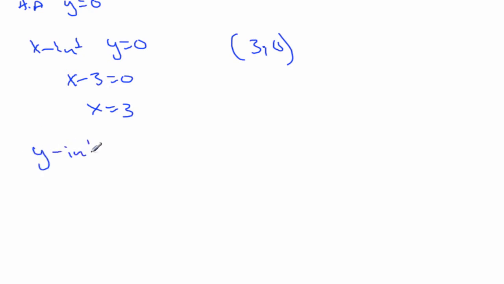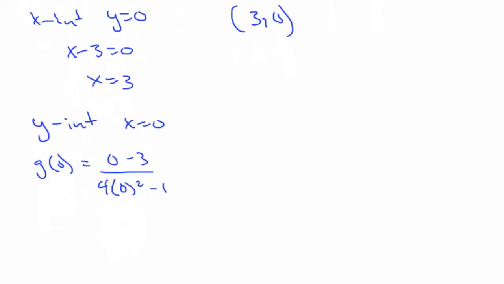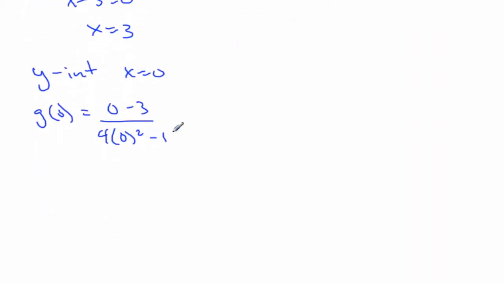For my y-intercept, I always let x be 0. And so my function g of x, g at 0, will be 0 minus 3 over 4 times 0 squared minus 1. I think that's correct. We'll just check. Yep. If we do the computations here, I end up with 3.